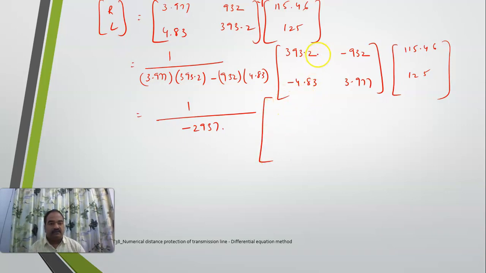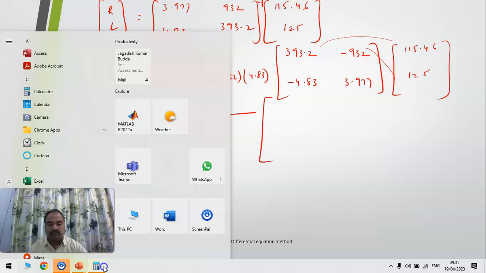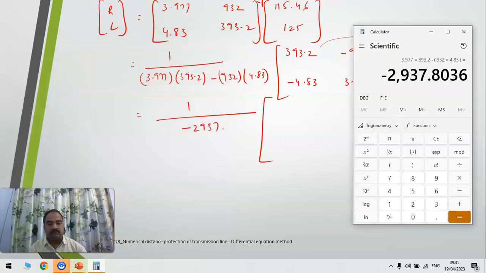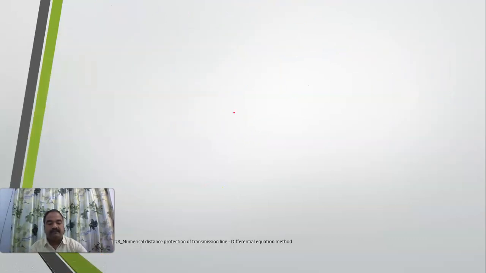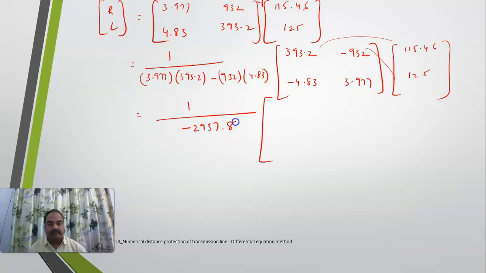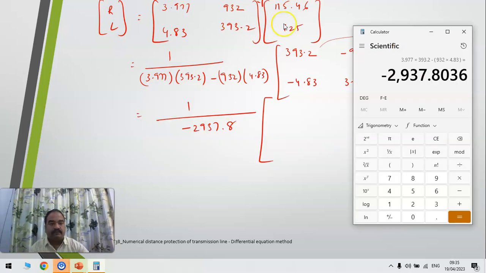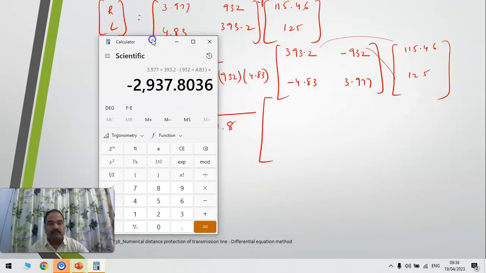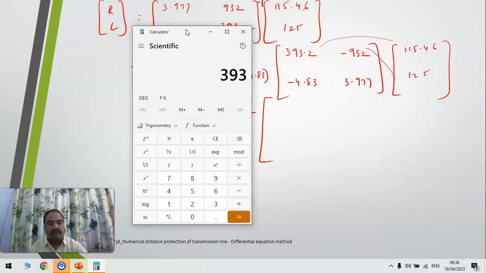So this is multiplication, and I'll get it as 8. Then this is 393.2 into 115.46 minus 932 into 125.